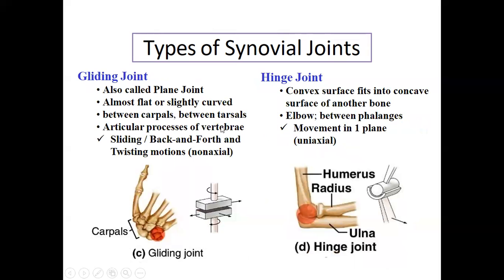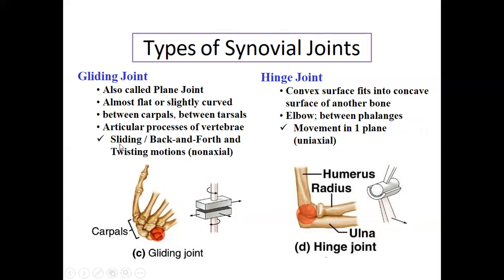You have gliding joints. These are also called plane joints. These joints are almost flat or have a very slight curve. These are the joints that occur between your carpals, which are your wrist bones, or your tarsals, which are your ankle bones.